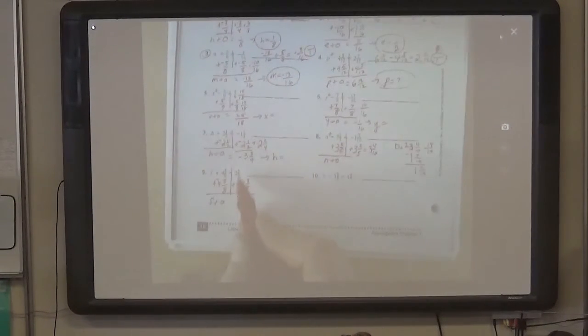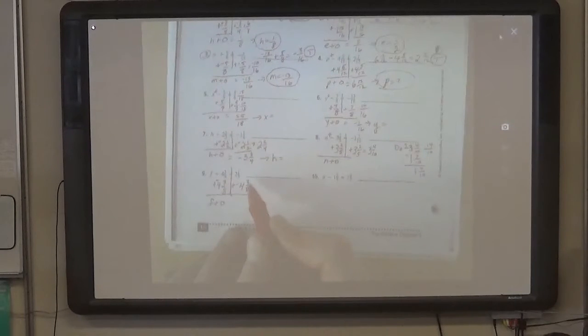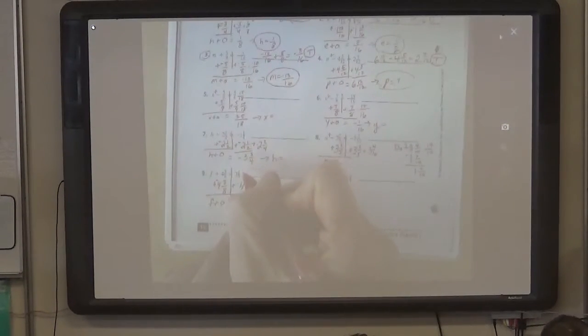And now we have negative and positive. So now you have to find the common denominator. Yeah, this is 24, isn't it? So we're going to have to multiply it and make this 8/24, and multiply this by 3 and get 9/24.